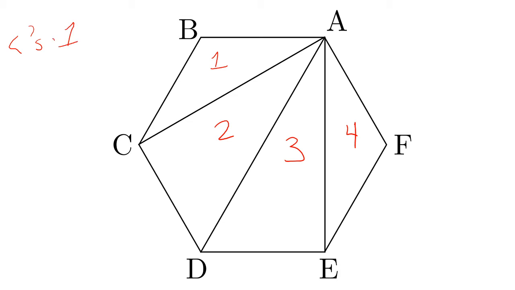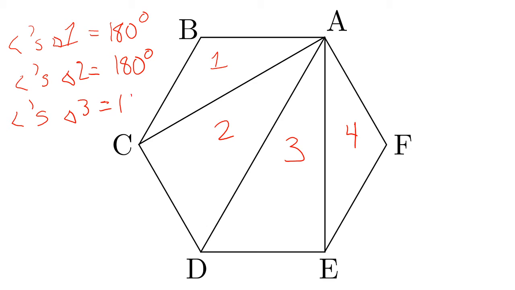So the angles in triangle 1 all add up to 180 degrees. The angles in triangle 2 also add up to 180 degrees. The angles in triangle 3 add up to 180 degrees. The angles in triangle 4 add up to 180 degrees.